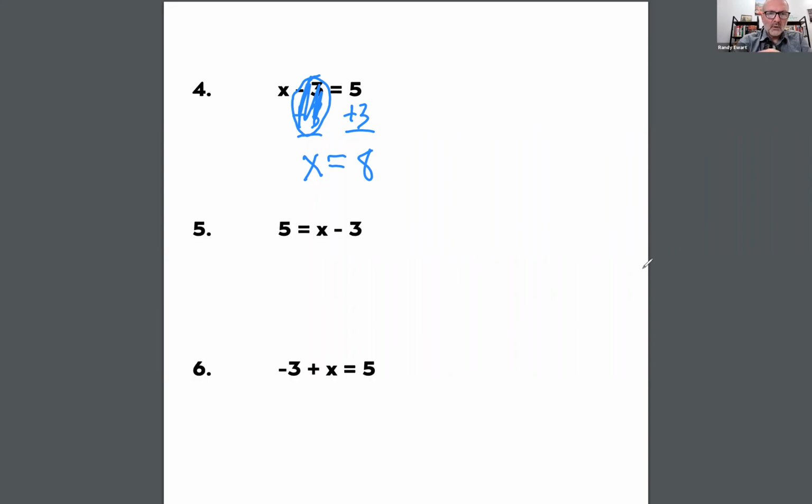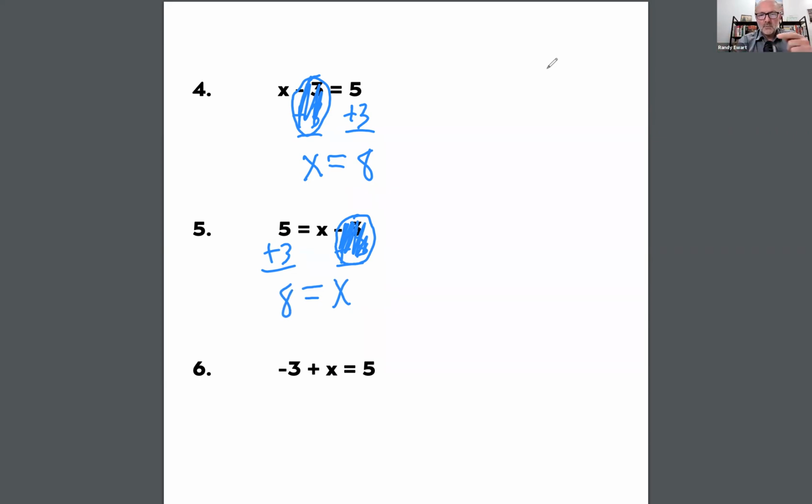Let's try a couple more examples. Oh, look, if the x minus 3 is on the other side, it doesn't matter. I'm still going to do a plus 3. Minus 3 plus 3, inverse operations. They cancel, become 0. X plus 0 is x. 5 plus 3 is 8.